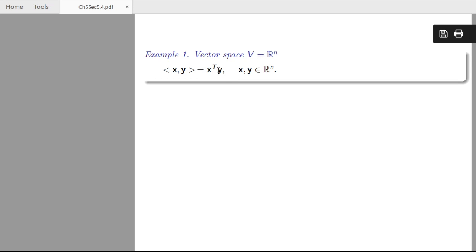We studied it in section 5.1. Now for this, we know the three properties are true for this inner product. So in this way, we can say inner product essentially is a kind of extension from the scalar product in Rn.